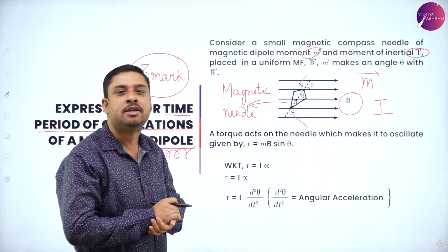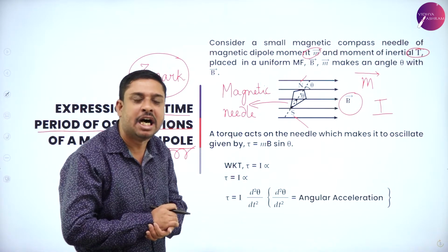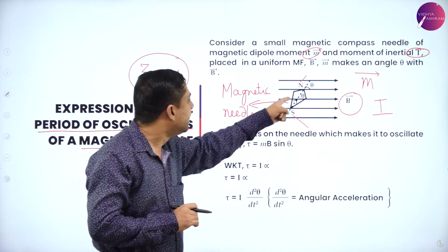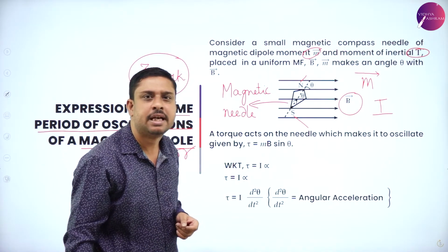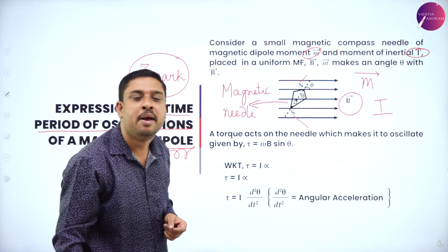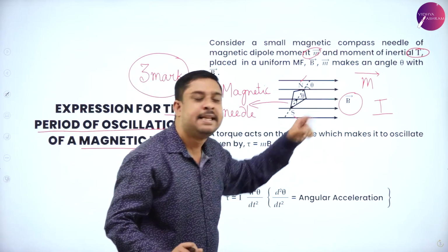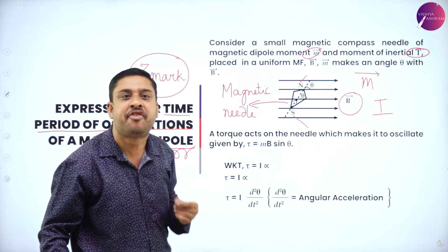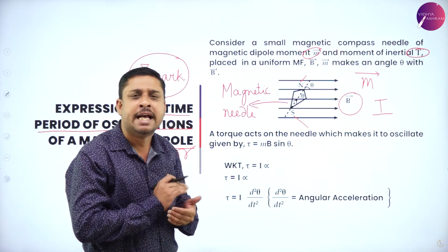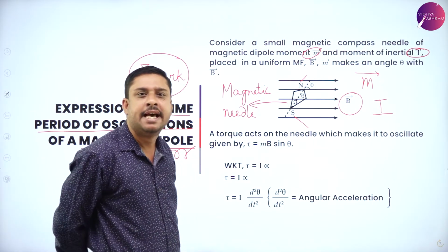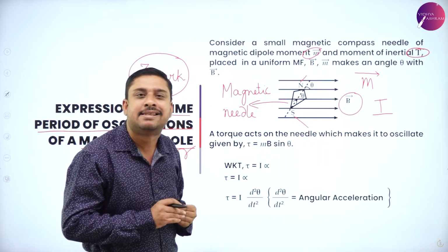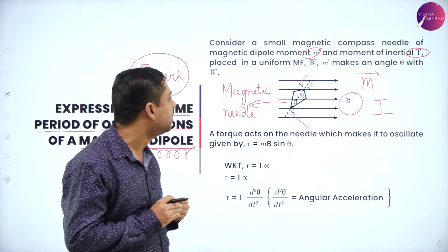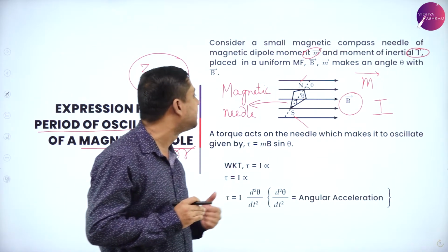I is the moment of inertia of the needle. Theta is the angle made by the dipole moment with the magnetic field. So the dipole moment makes some angle with the magnetic field, which I call theta.